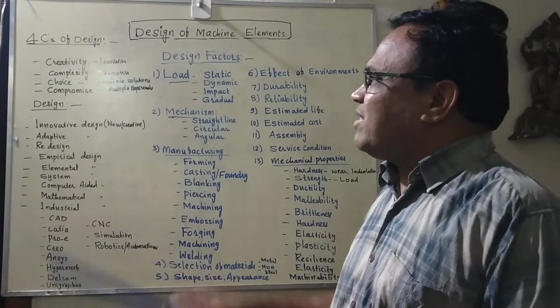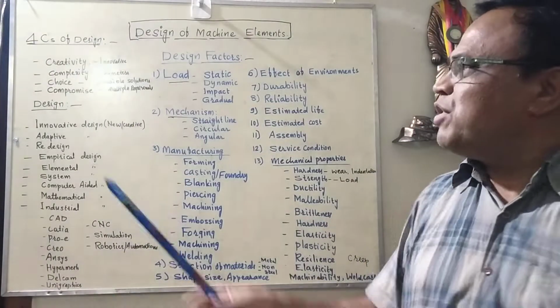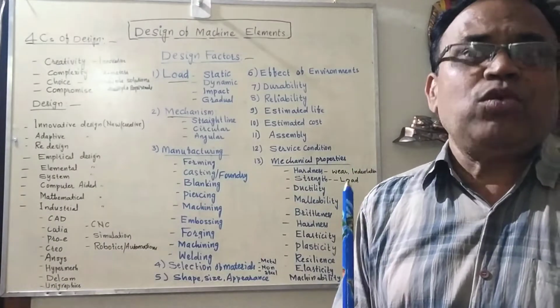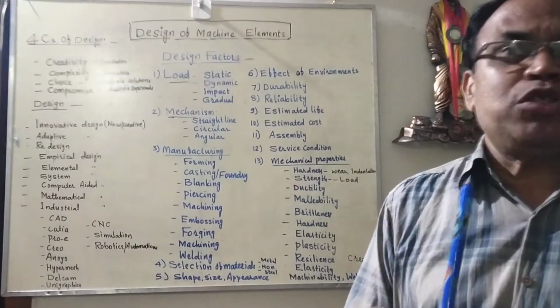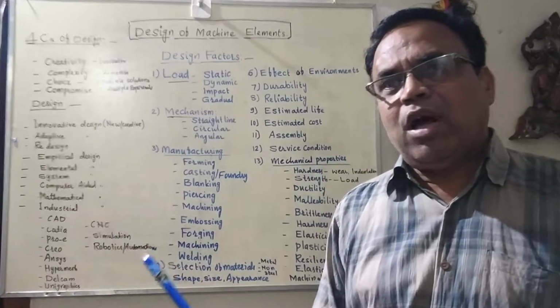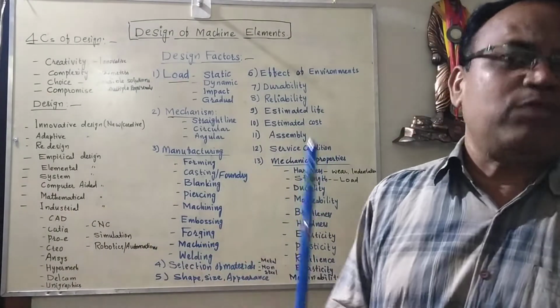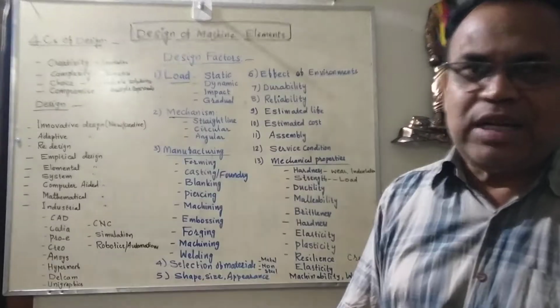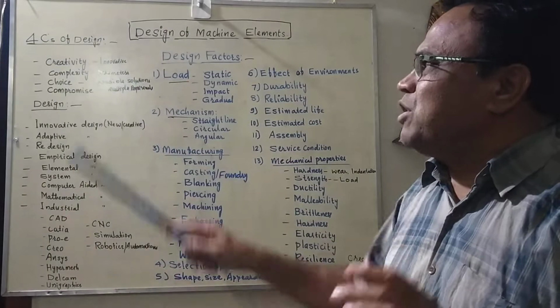Then the choice: when we say choice, there are definitely possible solutions, and from those possible solutions the engineer has to select which choice is best suited for the requirement of the product, whether it is a machine, an engine, or any other product. So you need choice, because you have to select from the possible solutions.